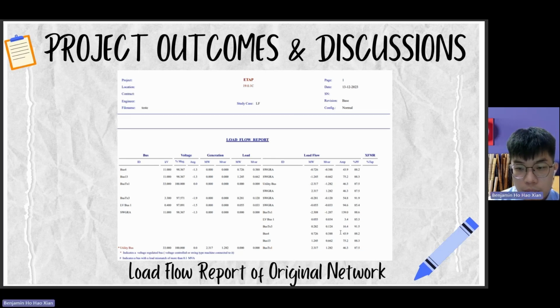For the current in amperes, all are above 40, but there are some low values, which are low voltage bus 1 and bus transformer 3, one being 3.4 and the other 16.4. All the power factors are above 0.8.